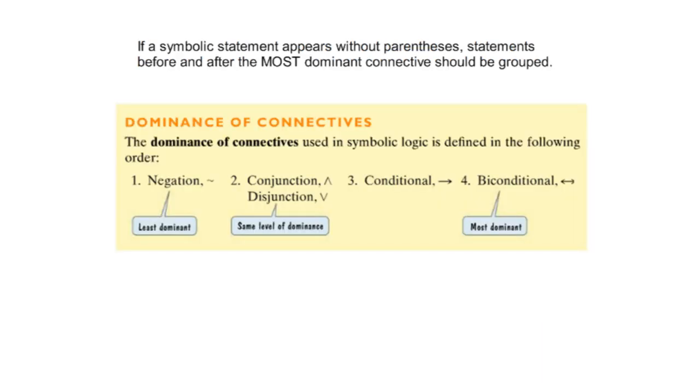If a symbolic statement appears without parentheses, statements before and after the most dominant connective should be grouped. All right, so they're telling you about what has the most dominance on here, and dominance of the connectives. So then we have number one here, there's a negation, and that says that is the least dominant.